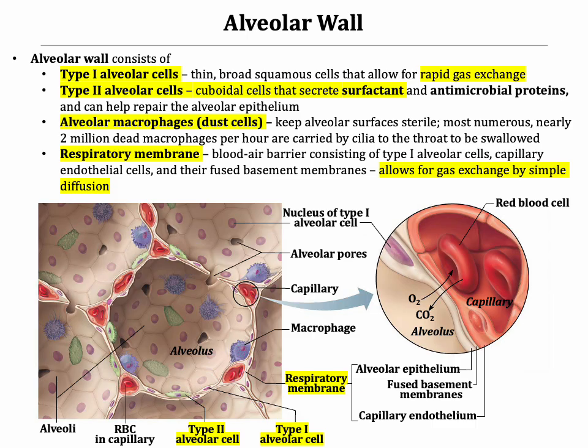The air we are inhaling all the time has all kinds of stuff in it. So we need to have a healthy supply of immune cells here, providing protection. And we have nearly 2 million dead macrophages per hour that are carried up by cilia to the throat to be swallowed or to be coughed out. So these are just constantly being produced, but also dying and always providing protection for us.